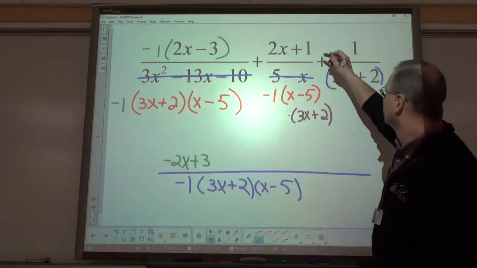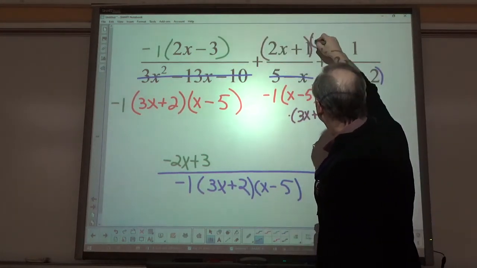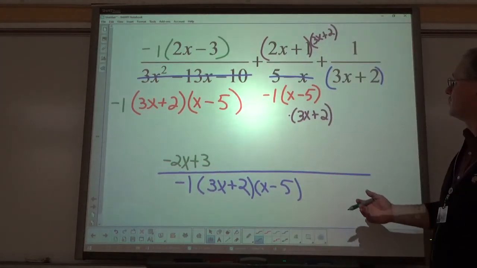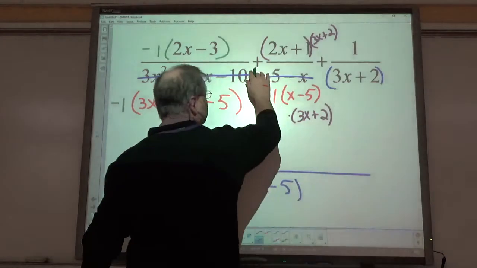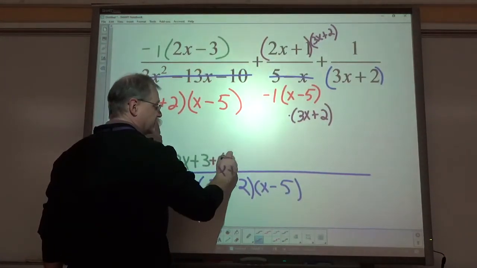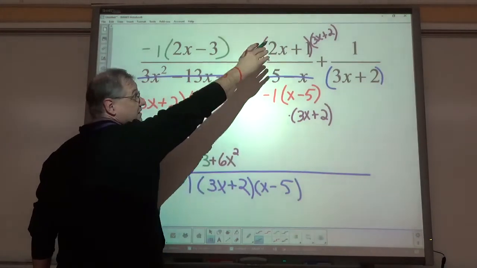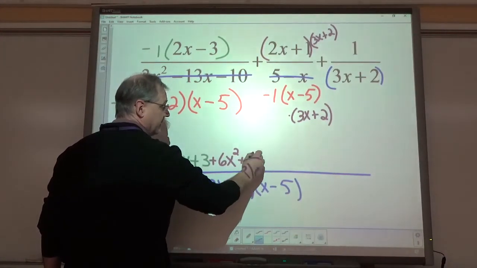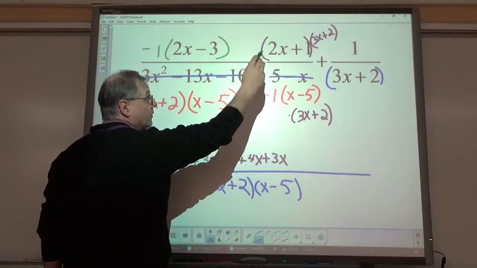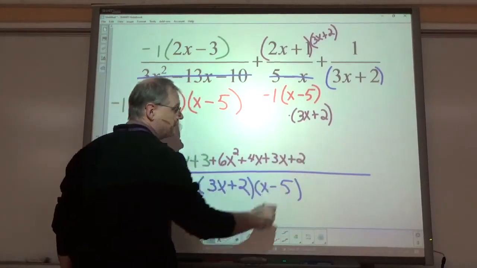I kind of ran out of room there. So 3x plus 2, that's what it's missing. So I'm going to distribute that. It's plus 2x times 3x is 6x squared. 2x times 2 is 4x. 1 times 3x is 3x, and 1 times 2 is 2.